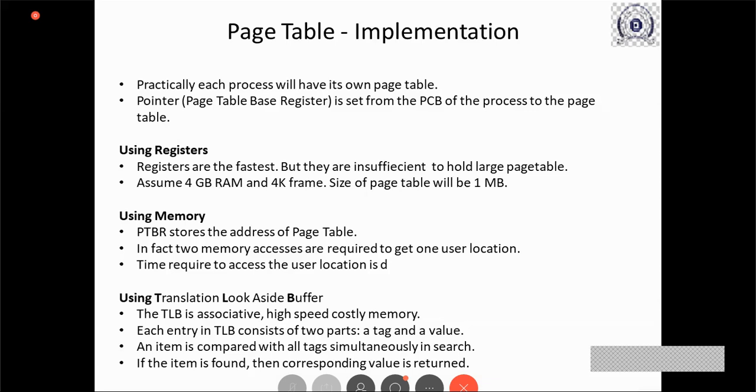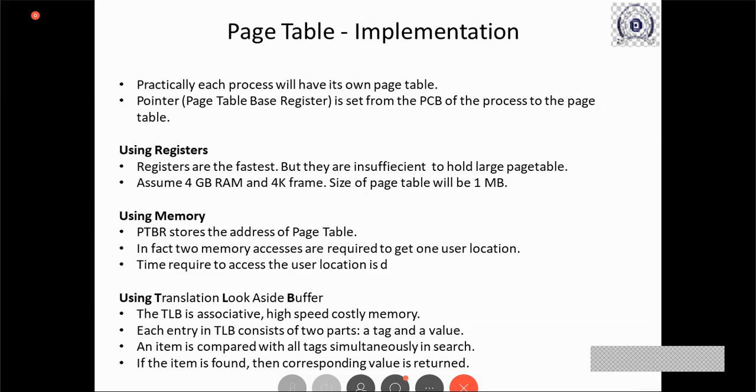Because in order to access an instruction, first the CPU will generate the logical address, and using the page number, we have to refer to the page table and get the frame number. After getting the frame number, we'll compute the physical address, and then again we have to access the instruction.